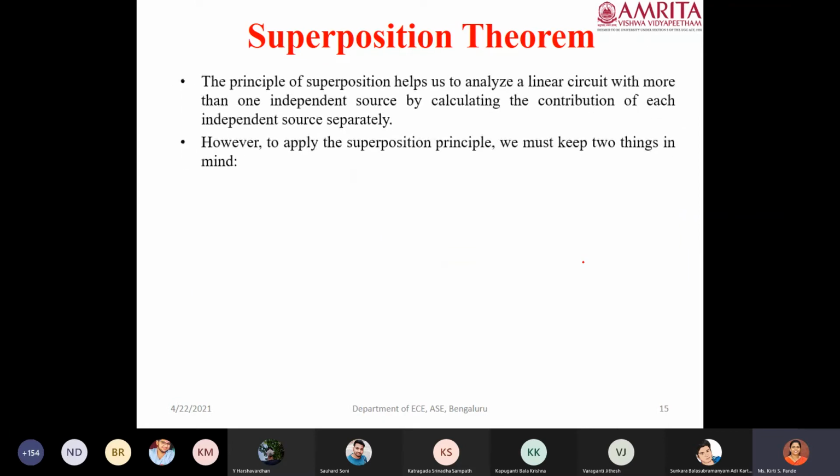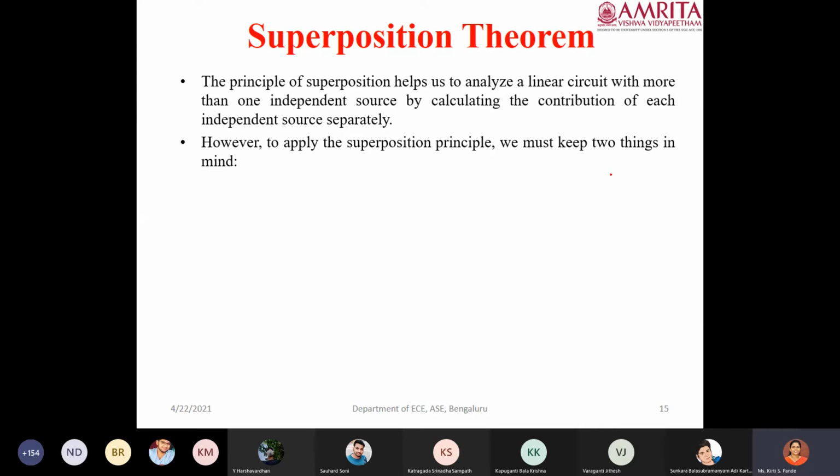The principle of superposition helps us to analyze a linear circuit with more than one independent source by calculating the contribution of each independent source separately. That means at a time you will consider only one independent source and find the current or voltage. Then next time you will consider another independent source, keeping all other independent sources off.